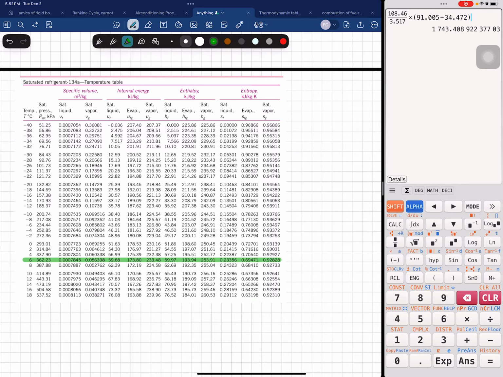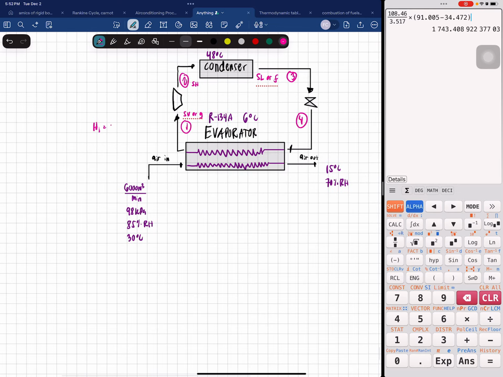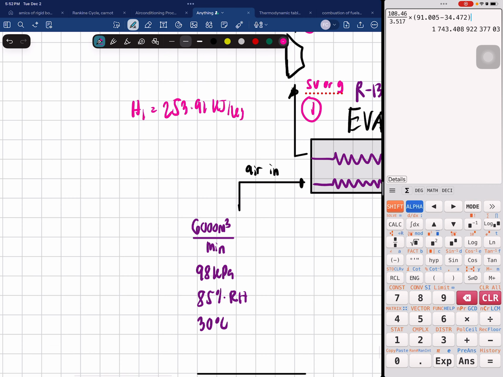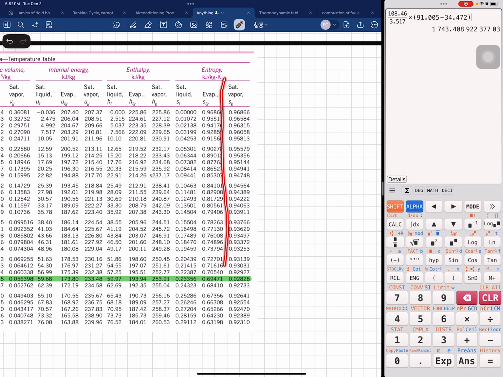So, H1 is what? 253.91 kilojoules per kilogram. Since they are isentropic, let's also look for the S1. S1 is what? Saturated vapor as well. So let's look for the value. The value is 0.92828. Okay.